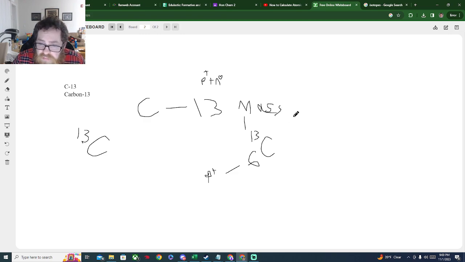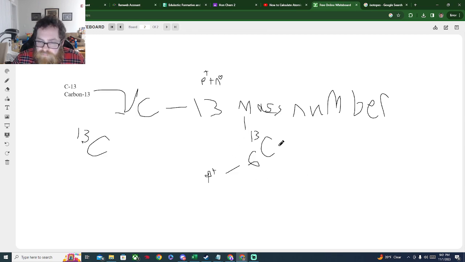This is kind of redundant because all carbons have 6 protons. So it's not actually giving you any new information, which is why you'll more commonly see these. It's just a bit of redundant information for you, so you don't have to look it up. So this would be 7 neutrons. 6, 7, and 13.